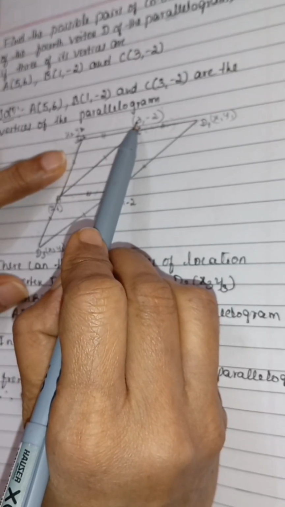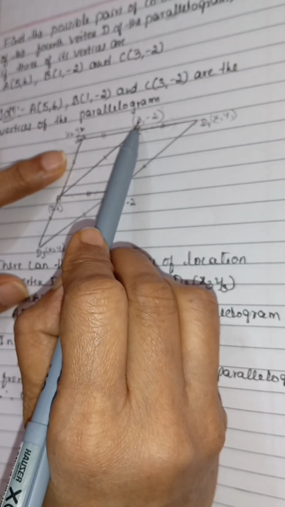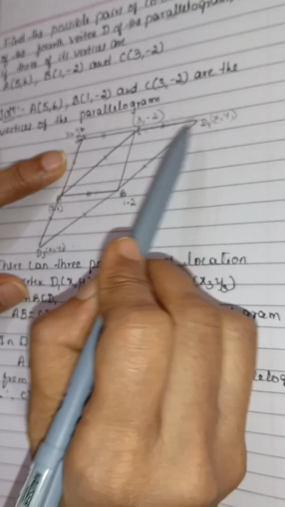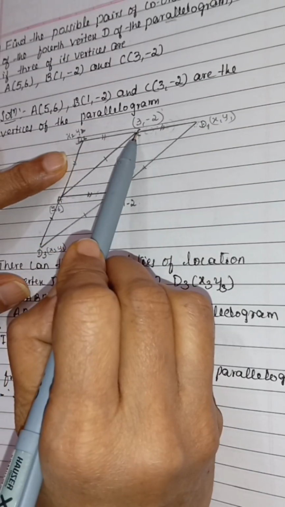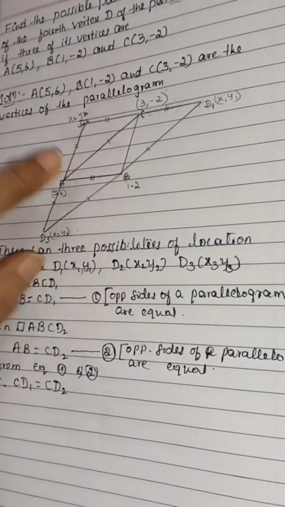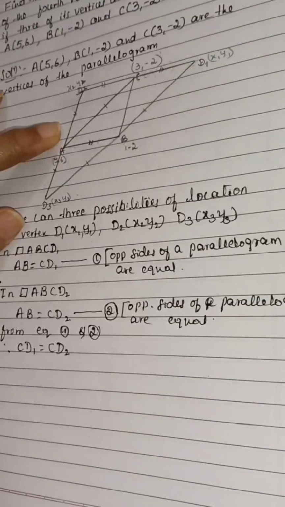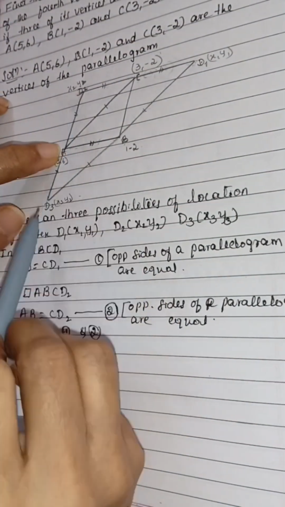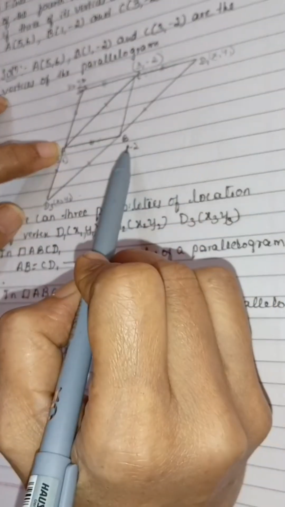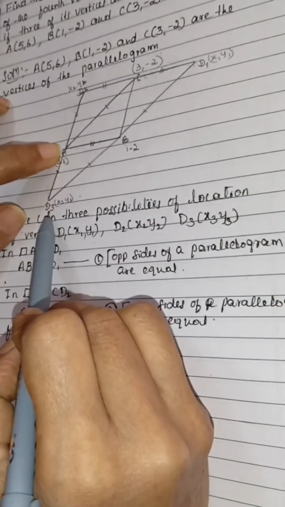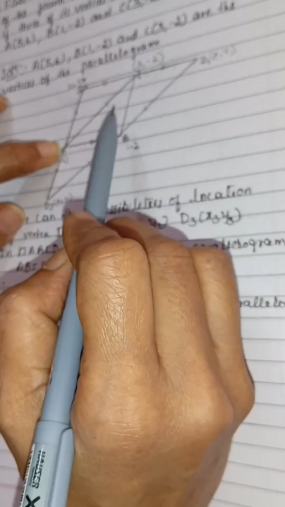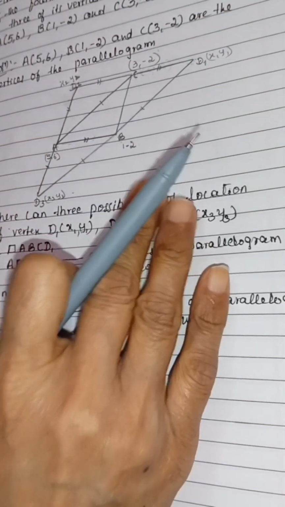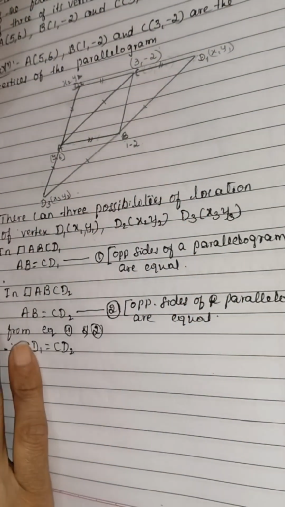The coordinates of C we know, 3 and 2. D1 is x1 y1, D2 is x2 y2. A is the midpoint of D2 and D3, similarly B is the midpoint of D1 and D3, so we can use the midpoint formula. This type of problem we solved earlier in this problem set.